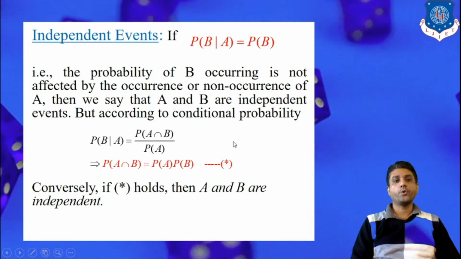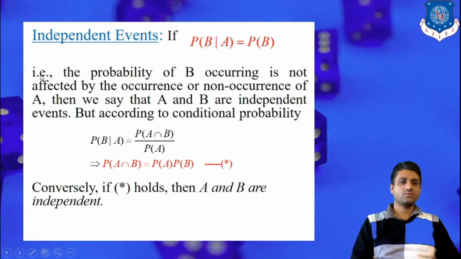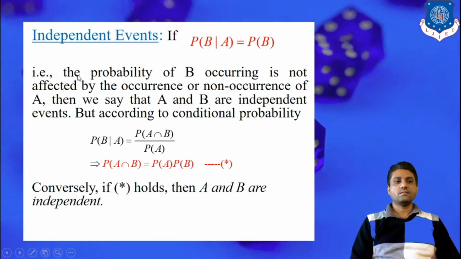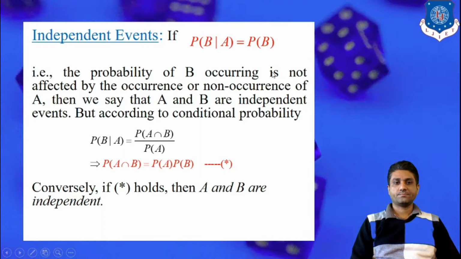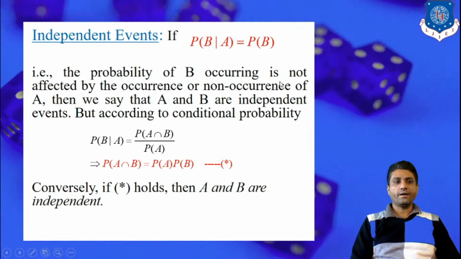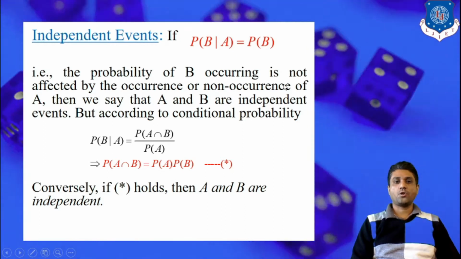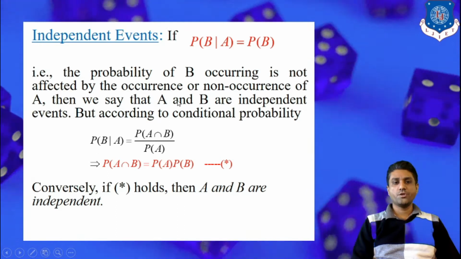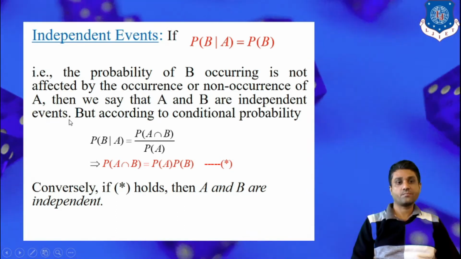The same thing we write down here for your simplicity. That is, the probability of B occurring is not affected by the occurrence or non-occurrence of the event A. Then we say that A and B are independent events.